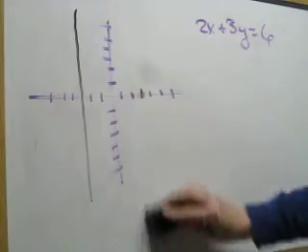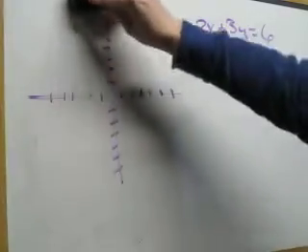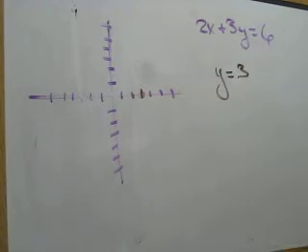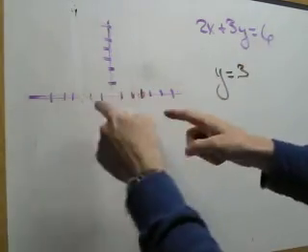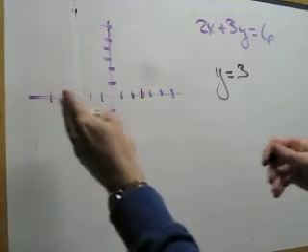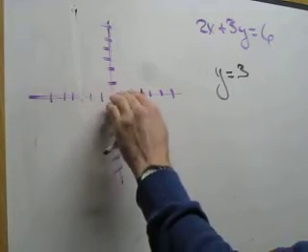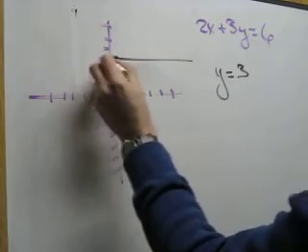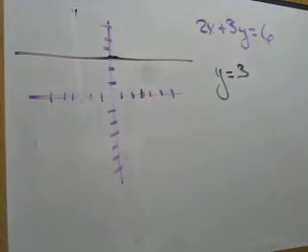If I had, on the other hand, instead of x equals 3, if I had y equals 3, I don't know what my x is. It can be anything this way, anything this way. But I do know that y is 3. So 1, 2, 3, and I draw a line through +3.